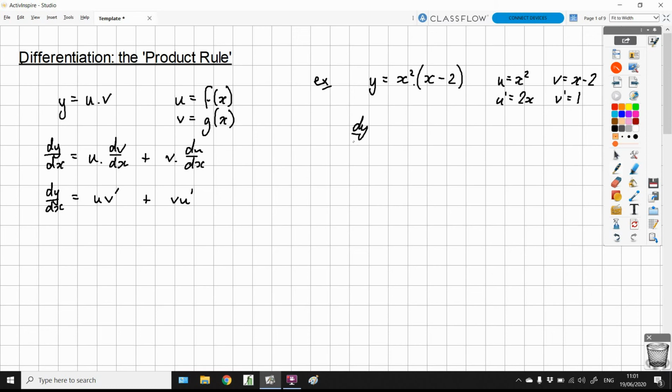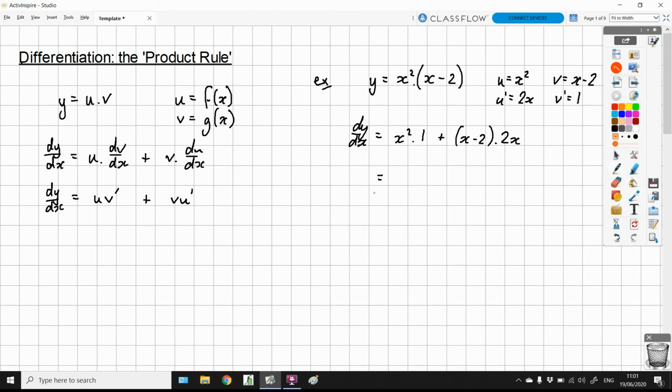And so using the product rule, dy by dx equals the first times the derivative of the second plus the second times the derivative of the first. Gets me to there. Now, this has two terms. We've got x squared times 1, x minus 2 times 2x, two terms, and we can factorise.